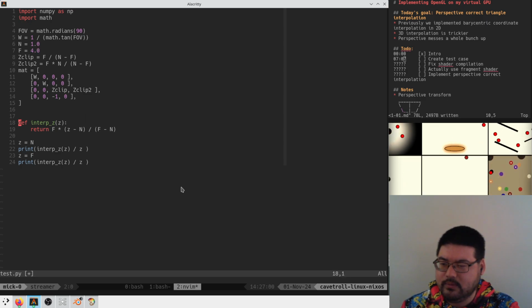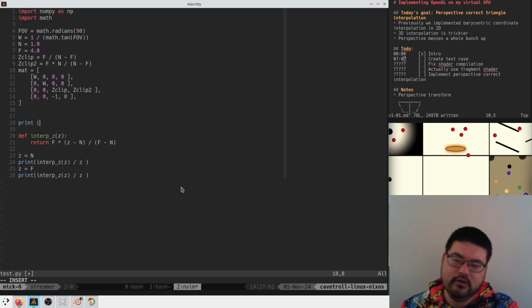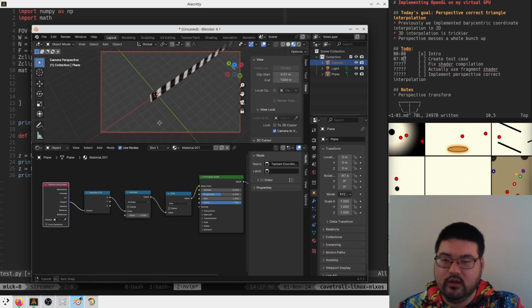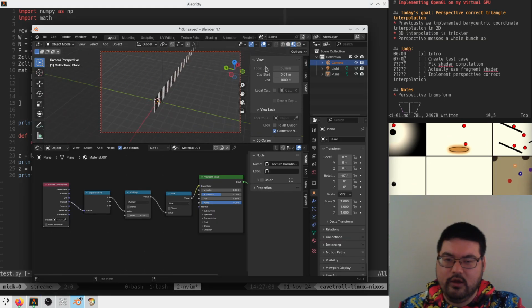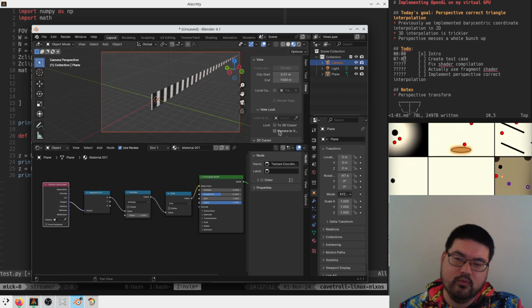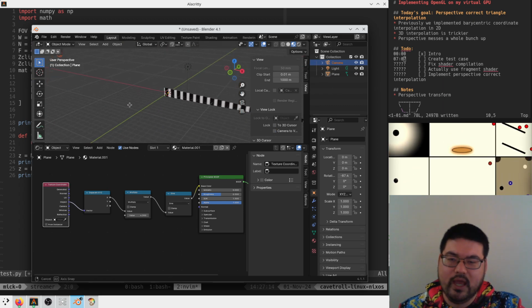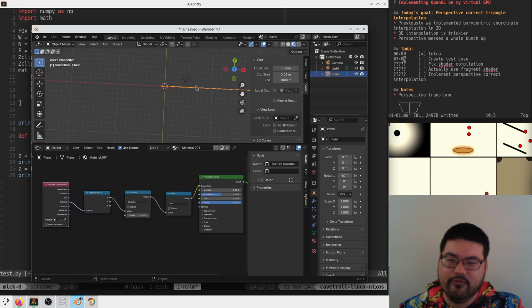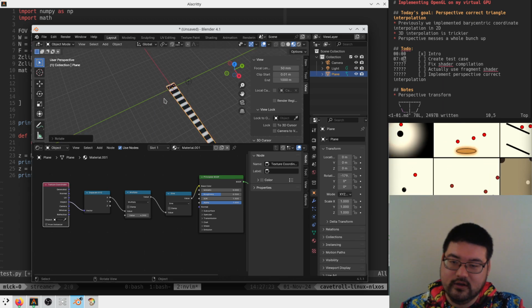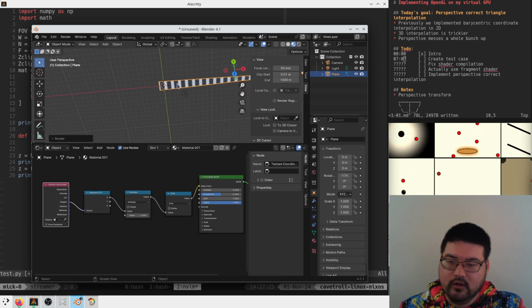And then we should be able to go like print. We take a triangle and we take vertices that we made in OpenGL land. We want to make sure that our axes are right. So in our world, in OpenGL land, we have X and Y is vertical, and then Z is kind of like into the distance. So let's rotate this like this, and then like this.